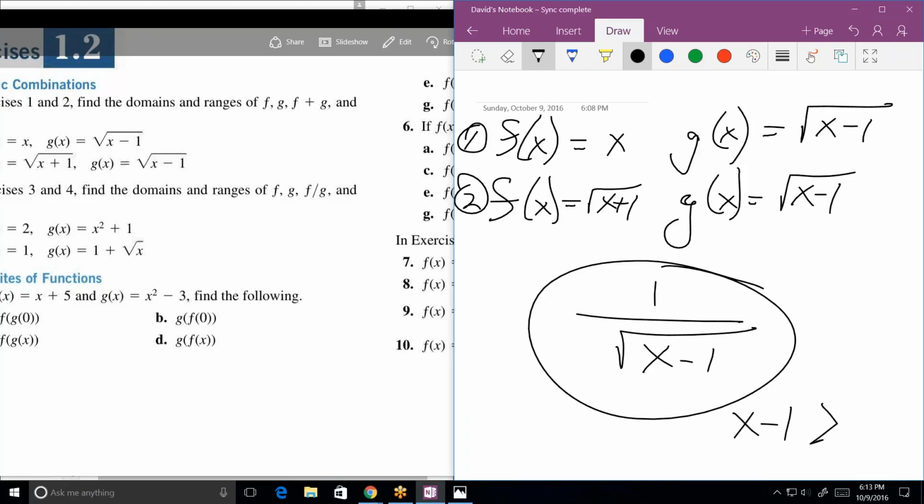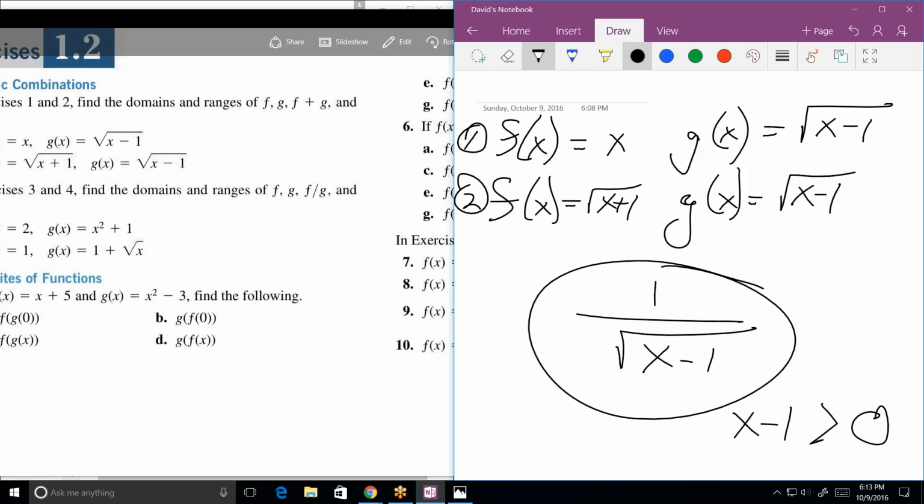Now the question on this one is, does that have to be greater than 0 or greater than or equal to 0? Greater than or equal to. No, because if it's equal, we'd be dividing by 0. In other words, most of the time, you can take the square root of 0. That's not restricted. But within the denominator, you cannot divide by 0.